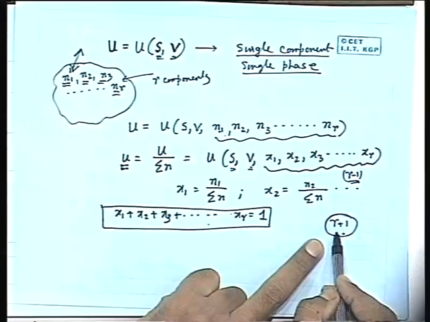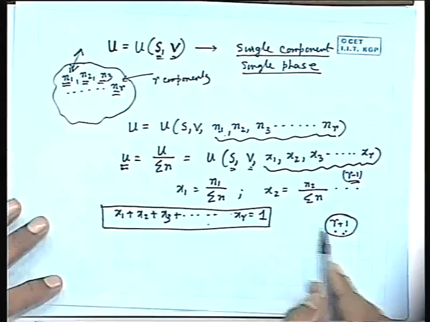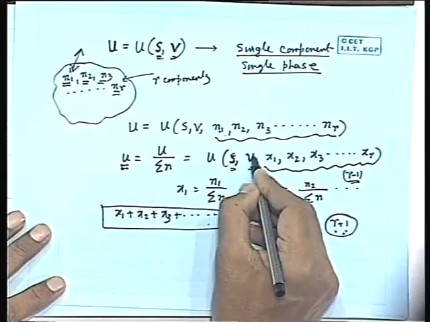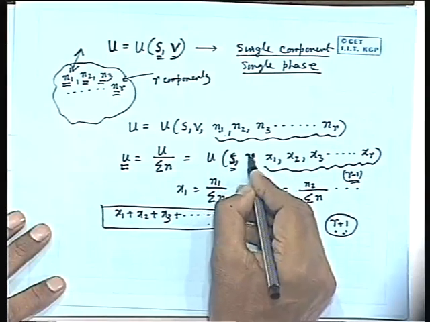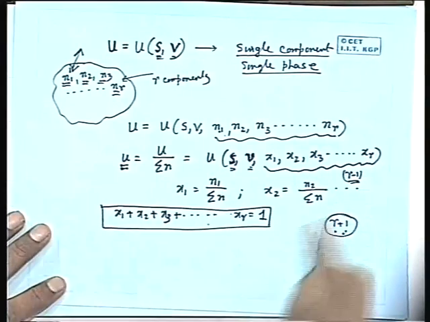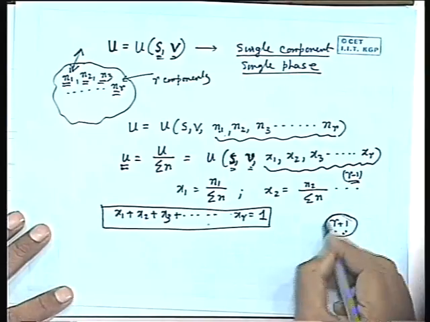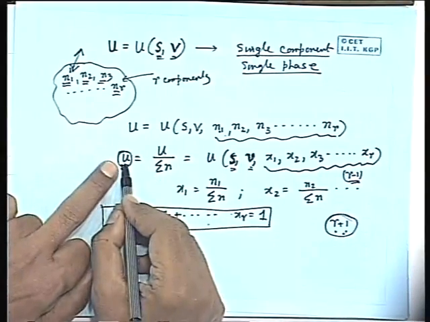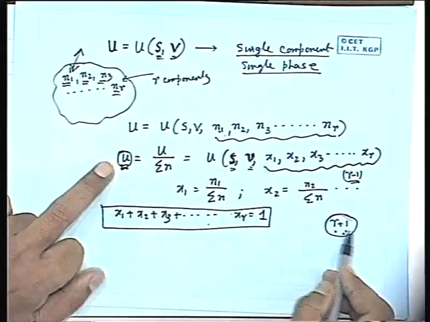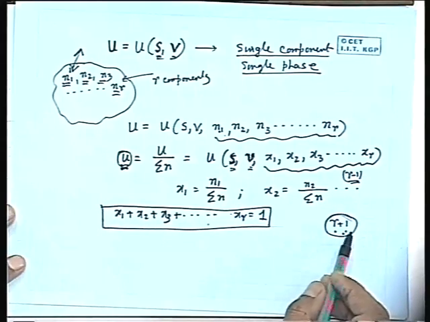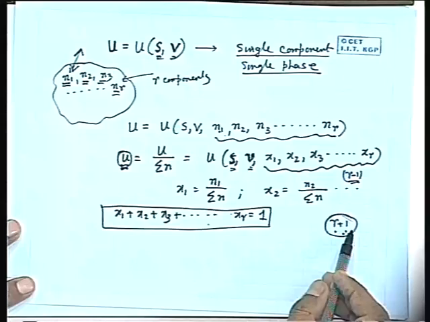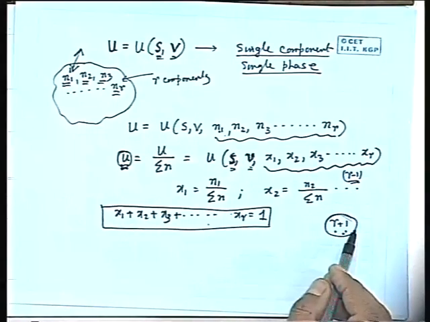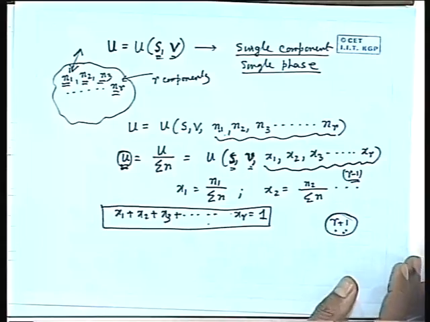That means we require only R plus 1 intensive properties to fix any property. Any of the intensive properties can be expressed as a function of R plus 1 intensive properties, which are the independent variables. So, this is in compatibility with the Gibbs phase rule.